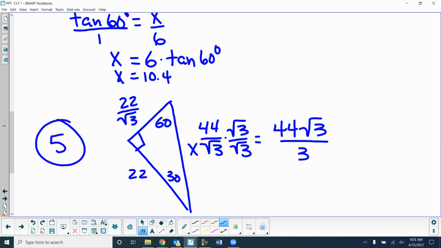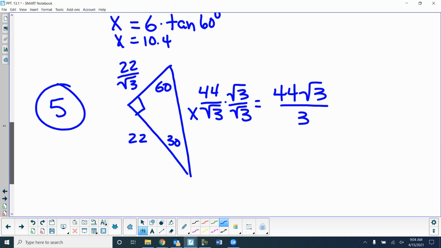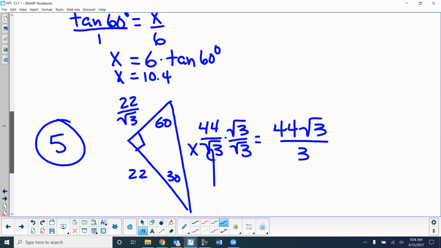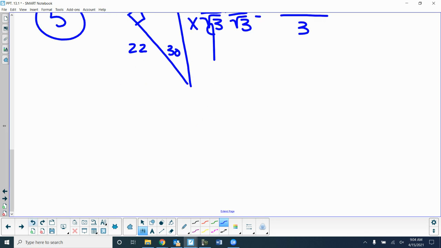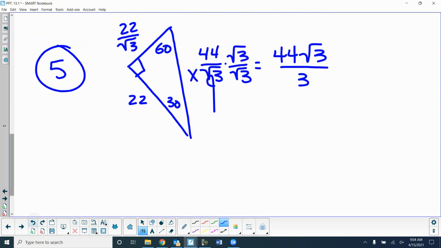Okay? Now, if you did what they asked, here's what you would have done. You knew that this was a 30, that's the information they gave you. So you've got adjacent and hypotenuse, so you should have gone cosine of 30 equals adjacent 22 over hypotenuse x.